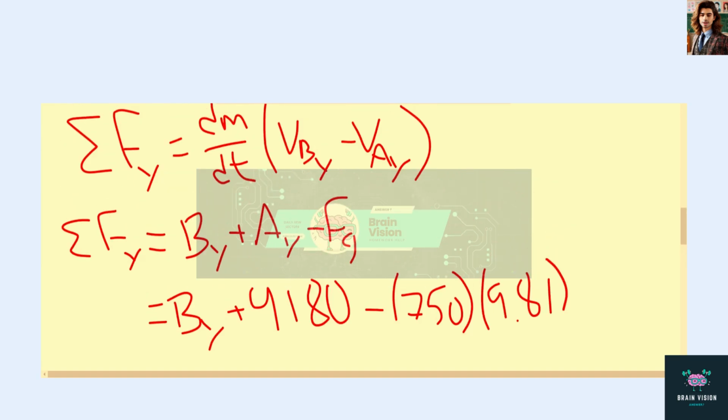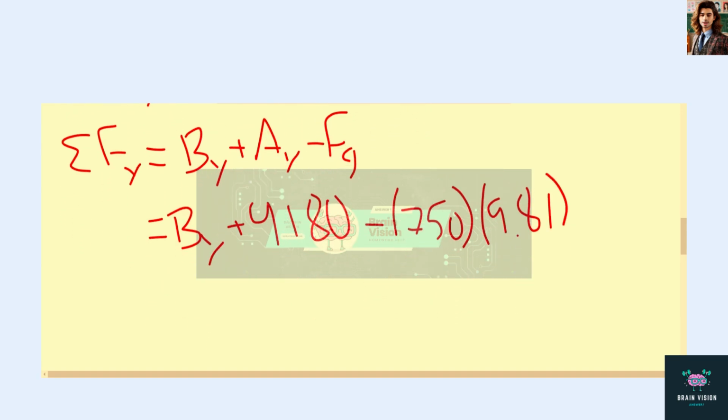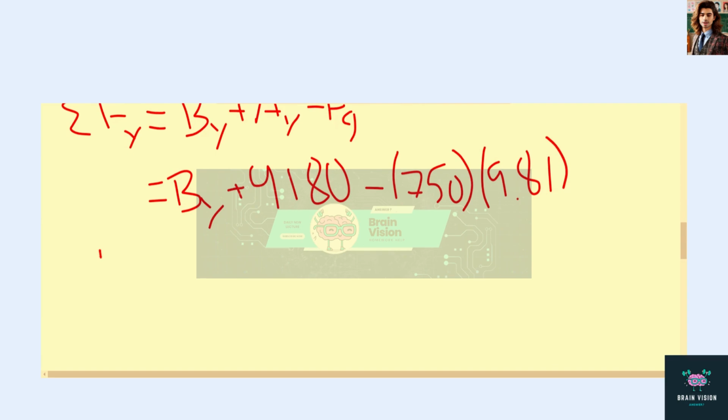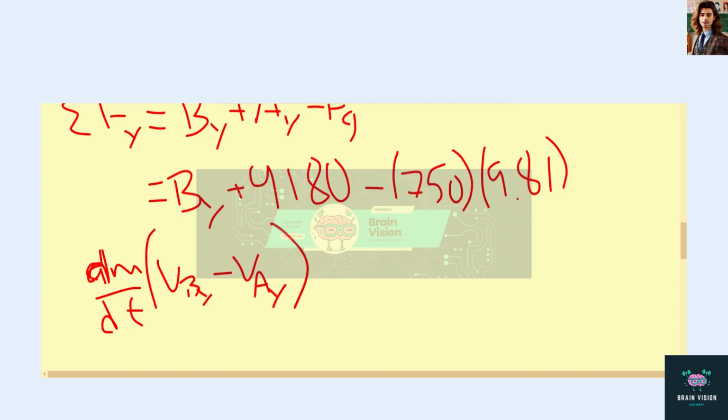On the right side of the equation, we have the mass rate, dm/dt, times the vertical velocity at point B minus the vertical velocity at point A. So now we know that is 50 kilograms per second times the 1.5 speed of the conveyor belt.